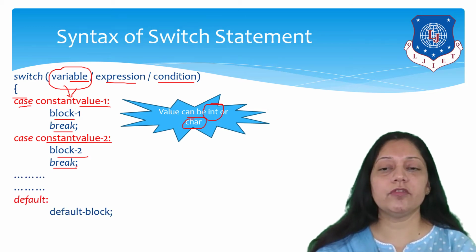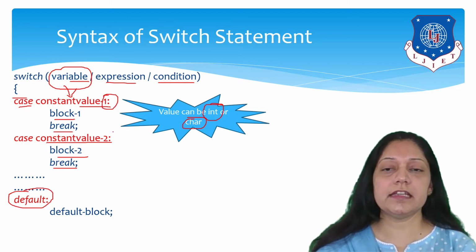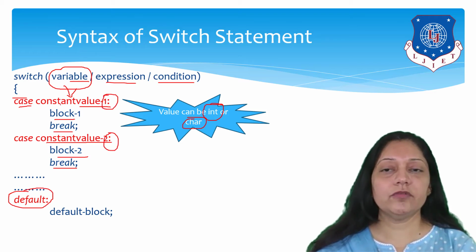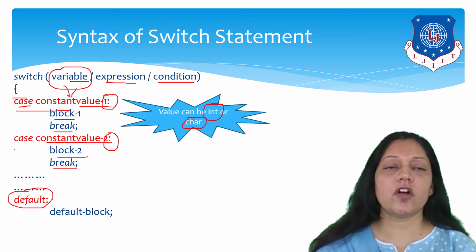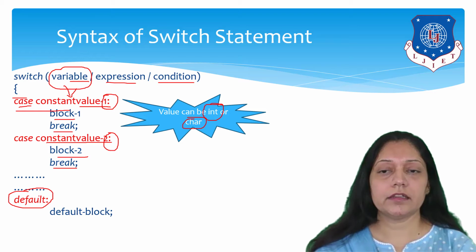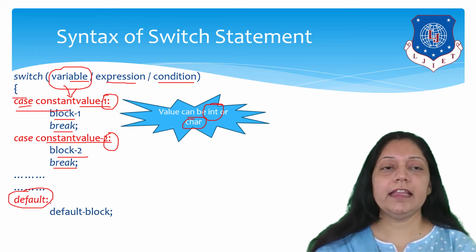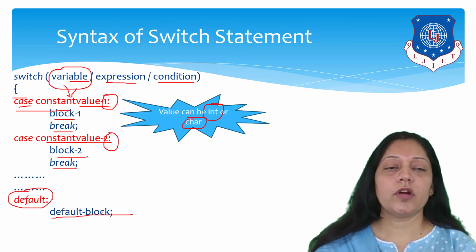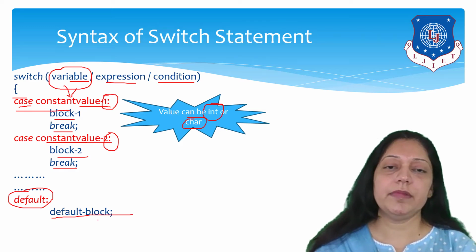So you can have a number of different cases, and at the end we'll have default. After every case you should compulsorily have a colon. So if any of the case values is not satisfied, then we'll come to the default part. Default colon. Don't put any values after the default keyword. And this particular block, whatever statements we write here, will be executed.